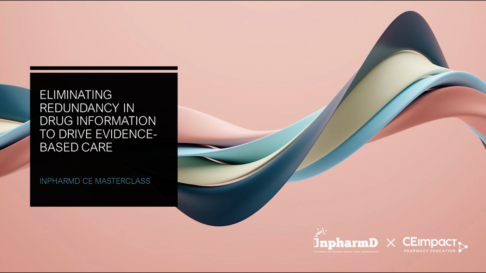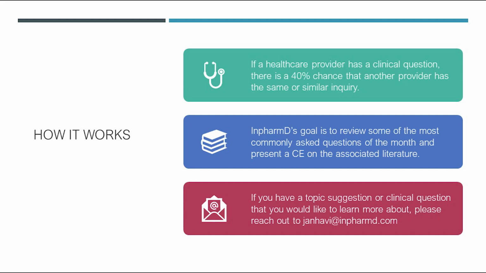If you haven't been a part of one of our CEs before, let me briefly explain how this works. Informed has a database of over 10,000 drug information questions that we've been asked over the past several years. And we found that if a healthcare provider has a clinical question, there's about a 40% chance or so that another provider out there somewhere has had a similar request or inquiry.